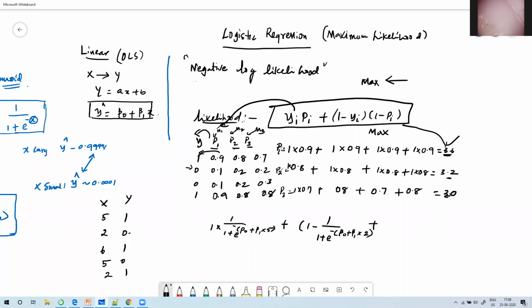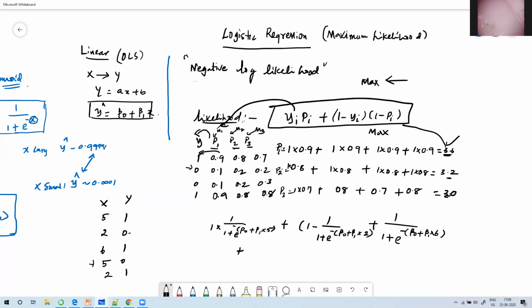For the third observation yi is 1, so it is going to be 1 by 1 plus e to the power of minus beta naught plus beta 1 into 6.